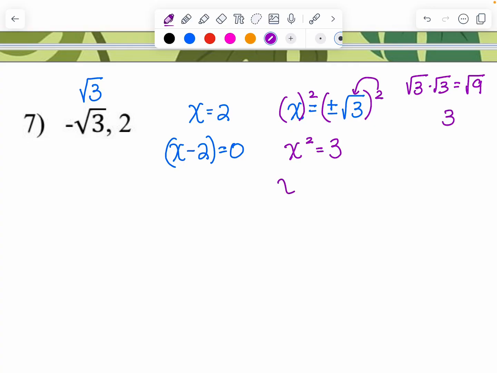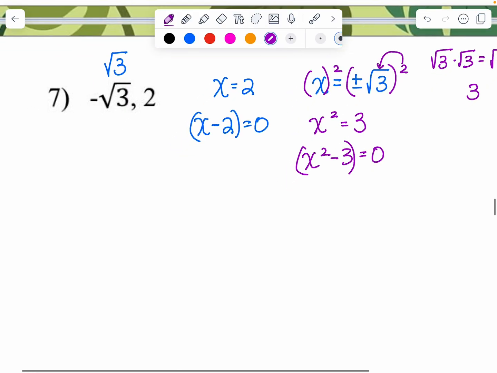I'm going to go ahead and set that equal to 0 to get my factor of x squared minus 3 equals 0. I'm going to multiply those out to get my polynomial. I should have a cubic because I have 3 solutions. I will be able to see all 3 of these solutions on my coordinate plane. The square root of 3 is a number. The negative square root of 3 is also a number that we can actually see.